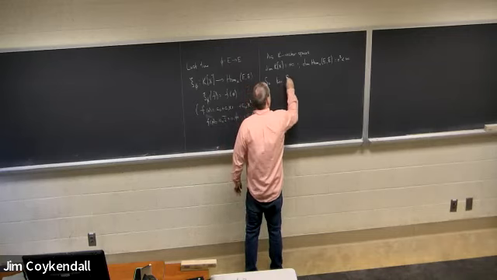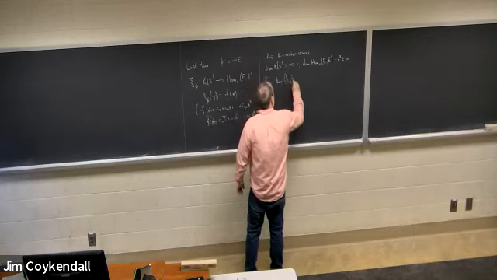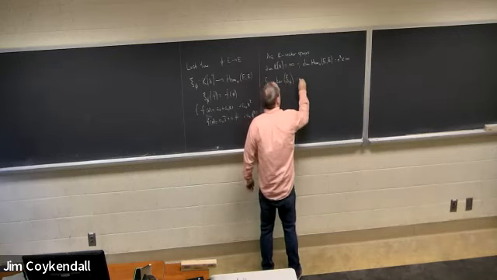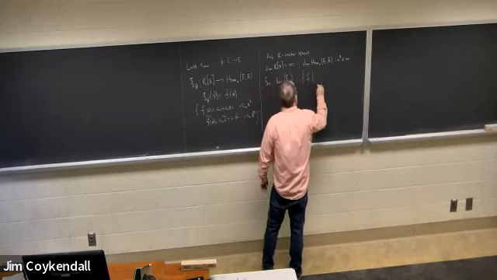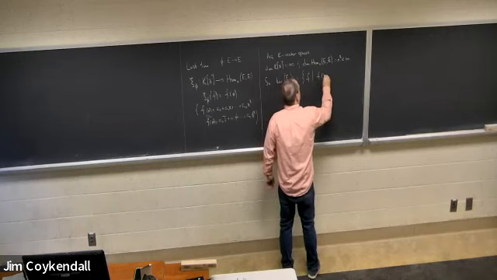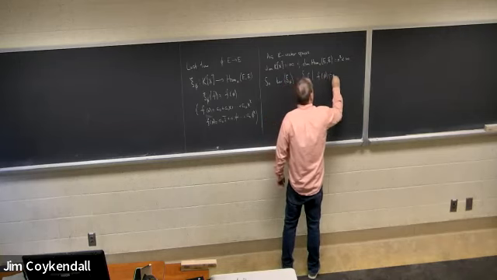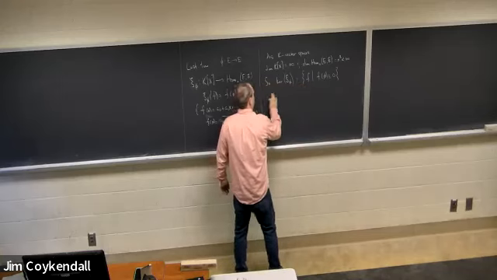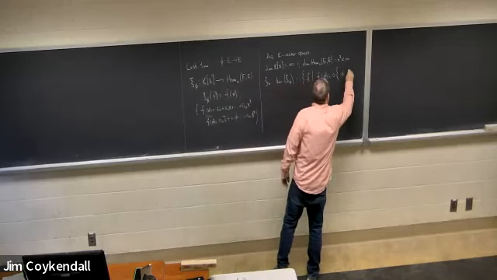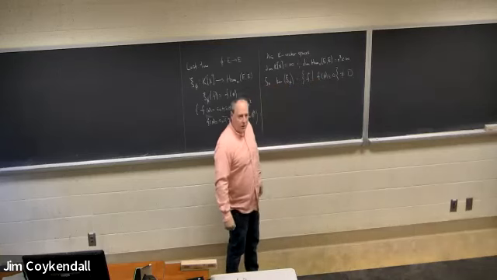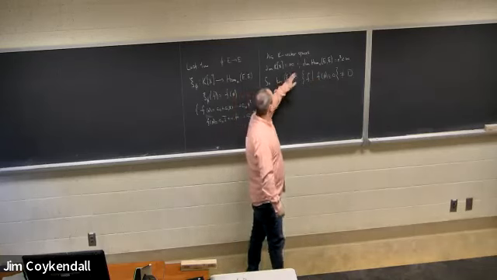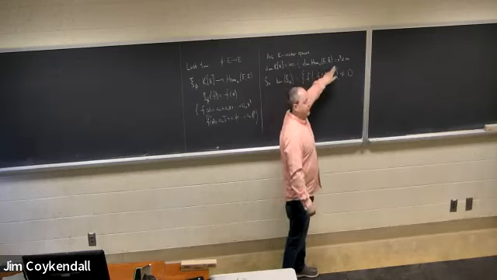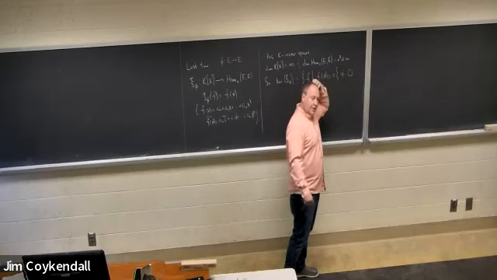So the kernel, which is the set of f such that f(phi) is the zero transformation, cannot be zero, right? Because this is infinite dimensional, this is finite dimensional, so there has to be some non-trivial kernel.